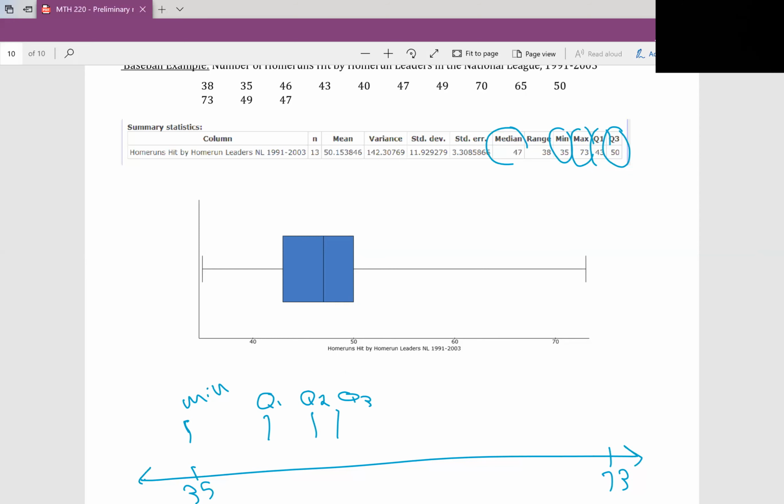And then the last thing I have is my maximum, which is way down here at 73. So in order to finish off my box plot, I need to make a box around Q1, Q2, Q3. Okay, and then I draw a line from my minimum and then from Q3 out to my maximum to get something like that. All right.